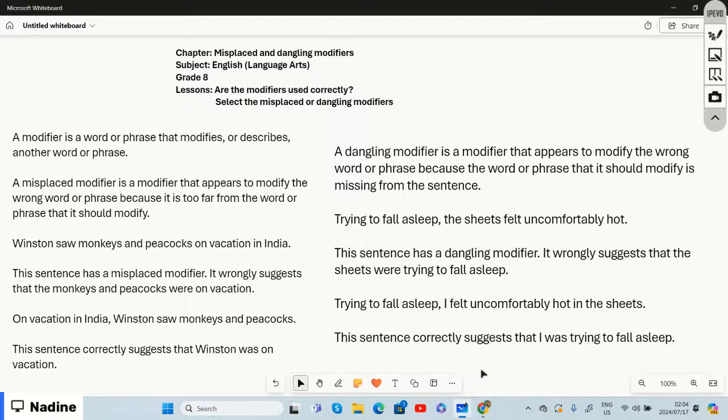So when it comes to our chapter, which is misplaced and dangling modifiers, we have modifiers and we have dangling modifiers.